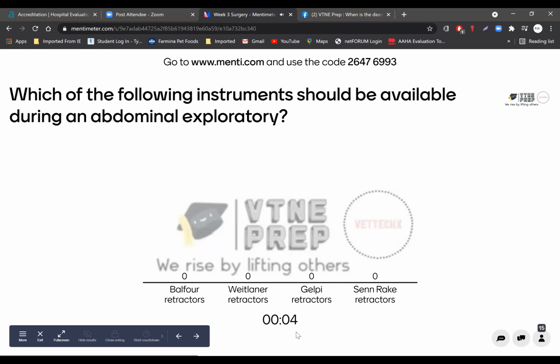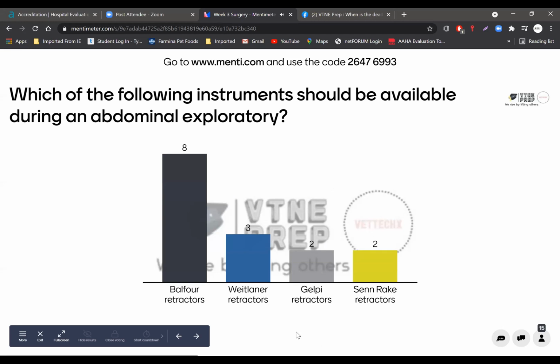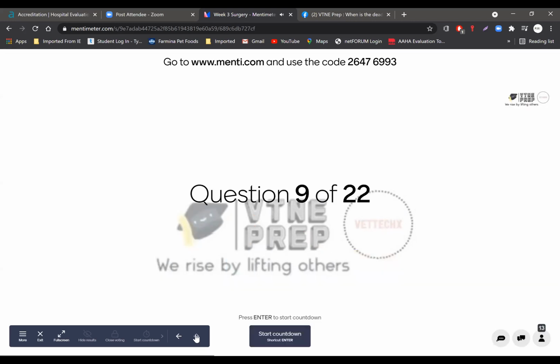I actually drew these instruments out yesterday. Great. Yes, you're right. So Balfours are used for abdominal exploratories as a retractor. Very good. Army-Navy retractors, they have the hook, right? Yeah. Those ones. All right.